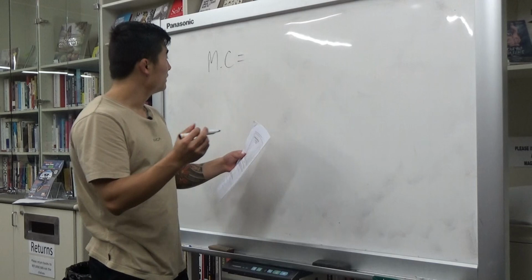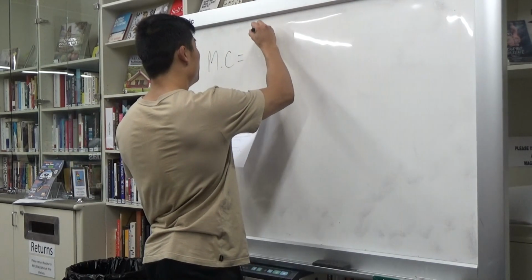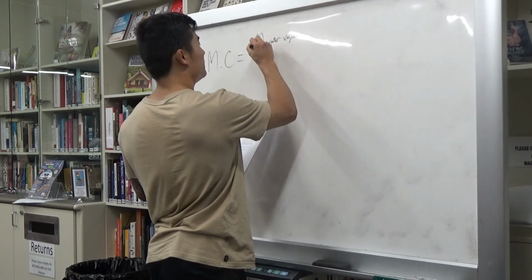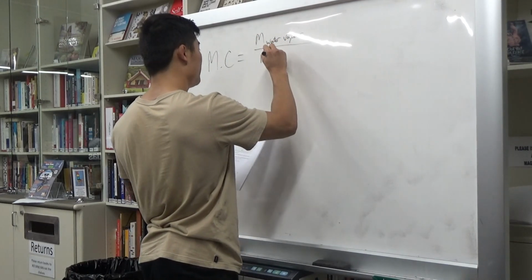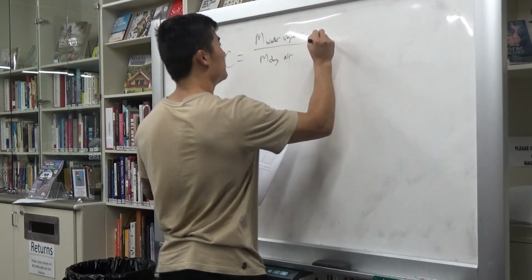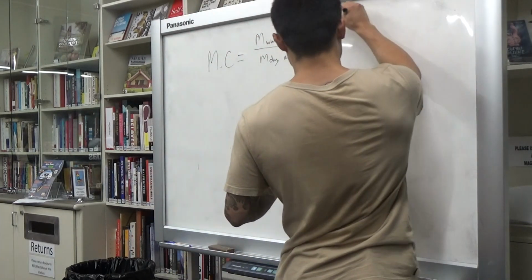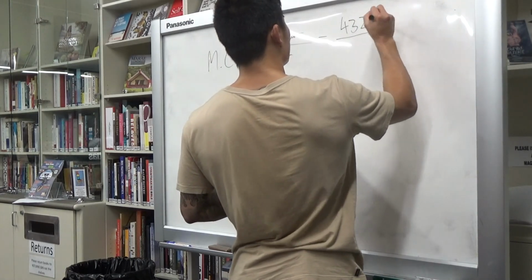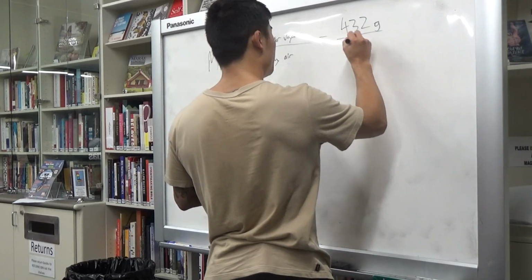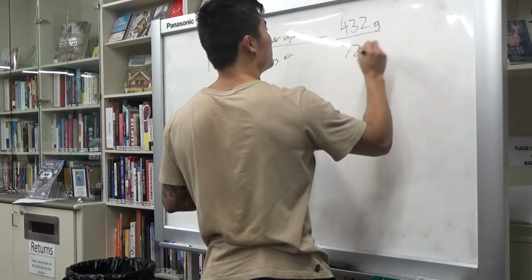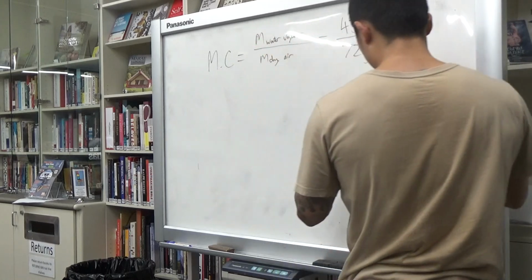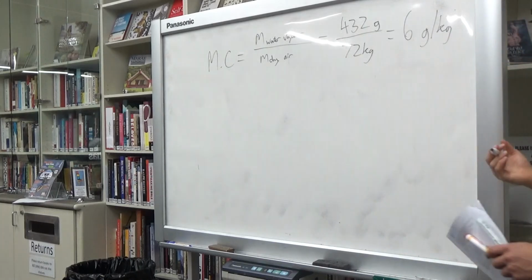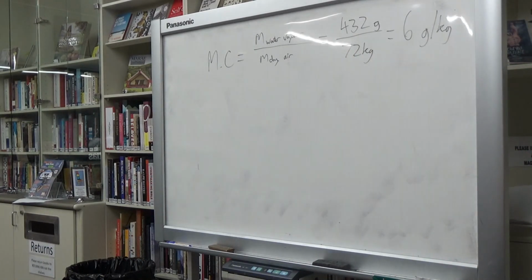So the moisture content is equal to the mass of water vapor divided by the mass of dry air, and that's going to be 432 grams divided by 72 kilograms, which is 6 grams per kilogram. Okay, so that's our moisture content.